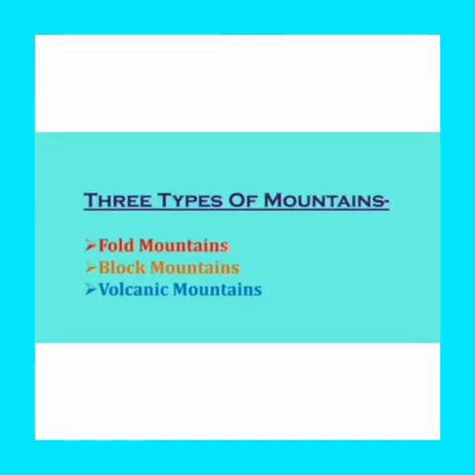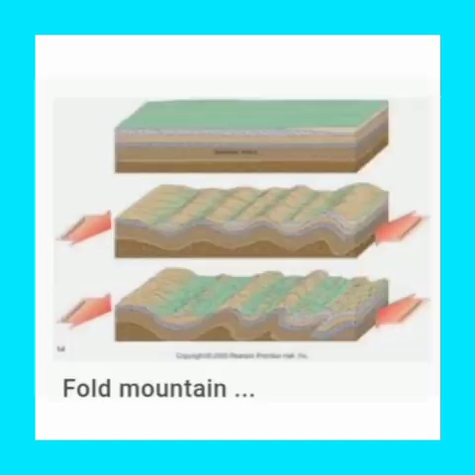There are three types of mountains: fold mountains, block mountains and volcanic mountains. The first is fold mountains, mountains formed by the folding of rock layers. Most are formed at convergent boundaries where continents have collided.